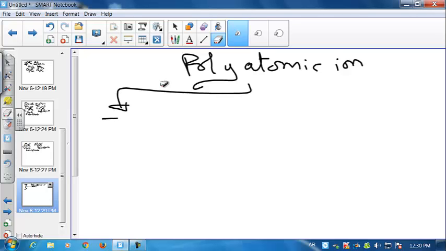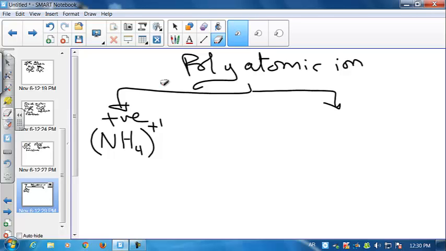It can be positive, and you have only 1 example here, ammonium NH4. Okay, the charge is positive 1. This positive 1 is not on the hydrogen alone, not on the nitrogen alone, it is on the whole ammonium ion. And it can be negative.